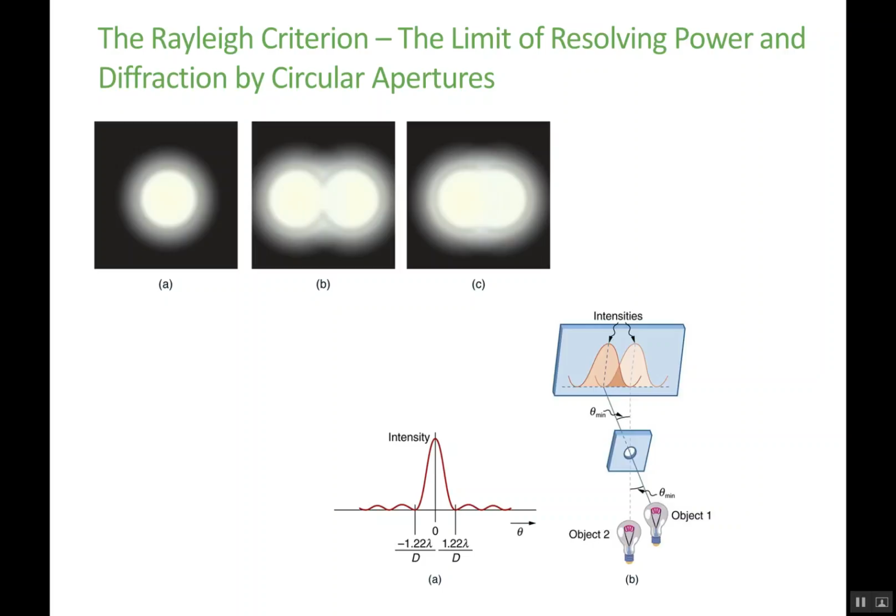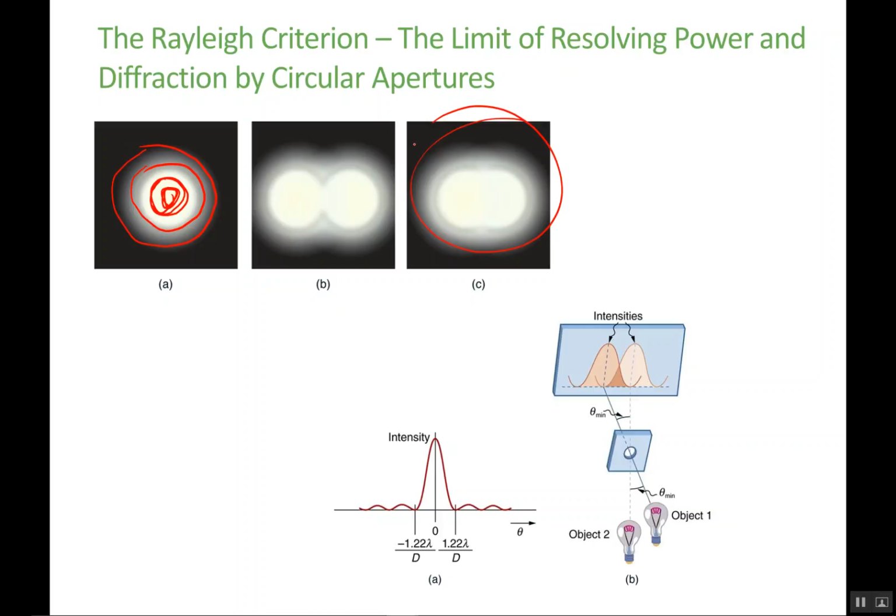So in this slide, what you're looking at is what the diffraction pattern would look like if you shine light through a circular aperture that's sufficiently small. You'll get a central bright spot, but then you'll get a halo of bright fringes, almost like a bullseye, that emanate out from the central bright spot. So what this means is that if you're looking at light from two different objects through a circular aperture, say the aperture in a microscope, if the objects are sufficiently close together, you won't be able to tell them apart.